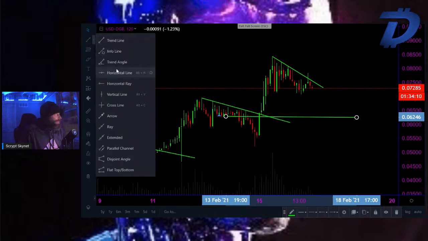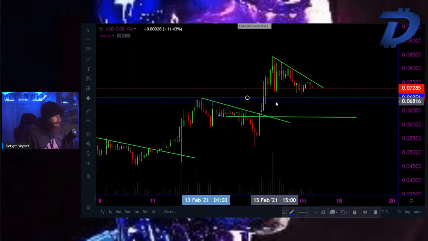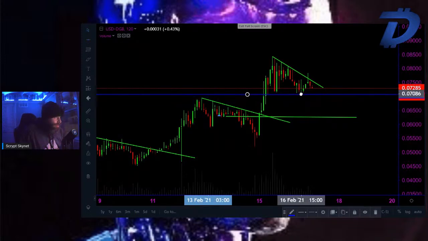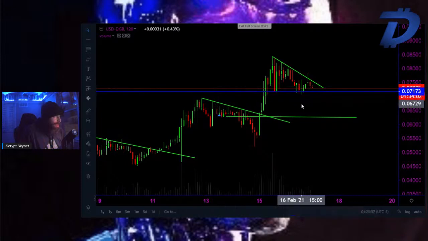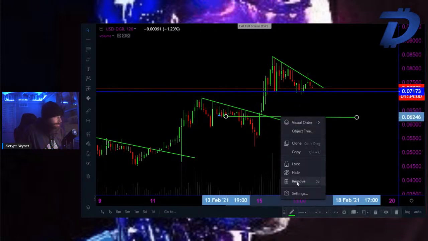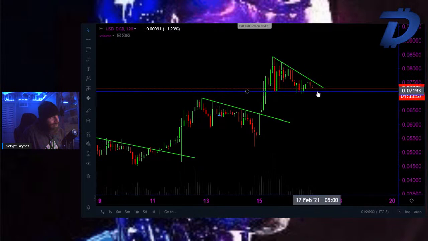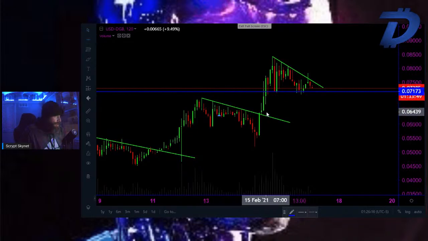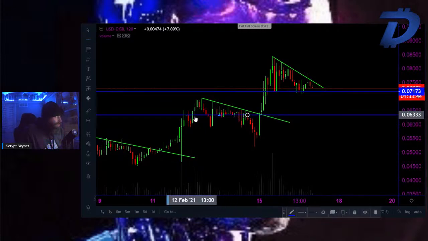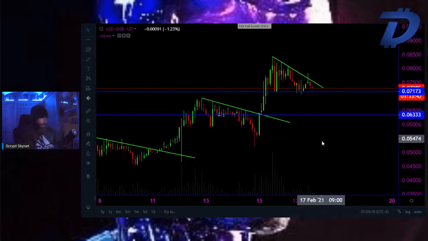Let's get this going right here. If it breaks through, that's where the blue was right there. And let's just remove this one. So if DigiByte breaks through down there, it's going down here, which is right there. Okay, yeah, that looks straight. I've got a curved monitor, so it doesn't look straight at all.